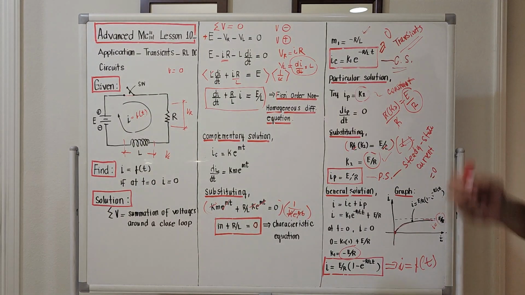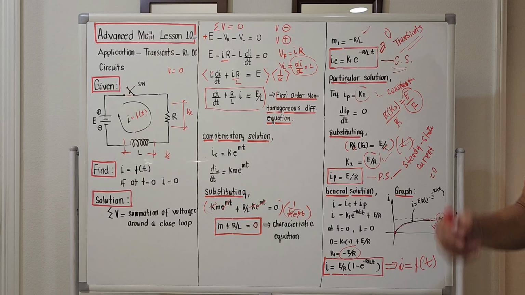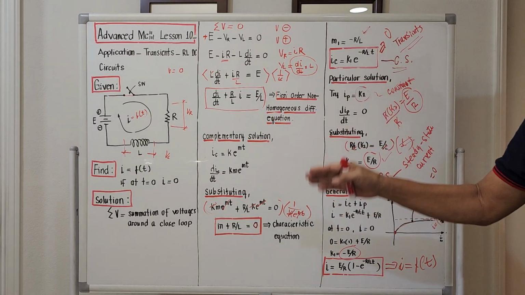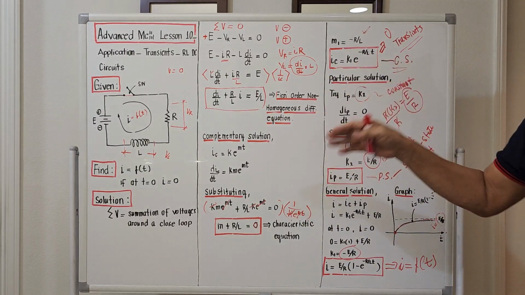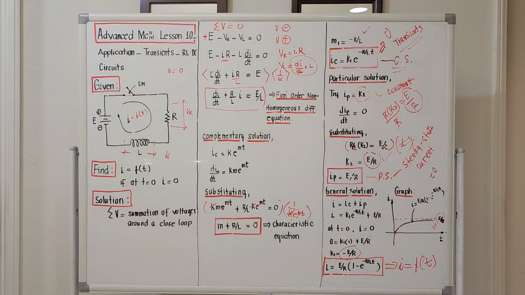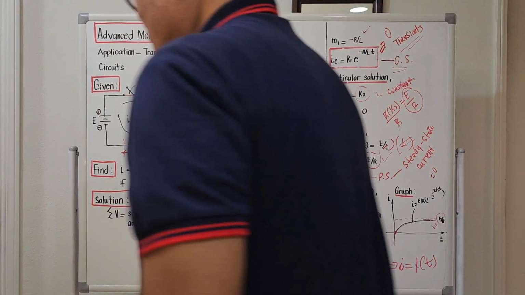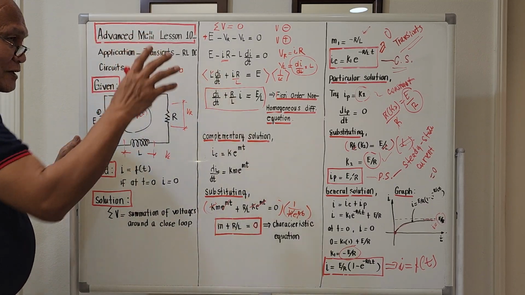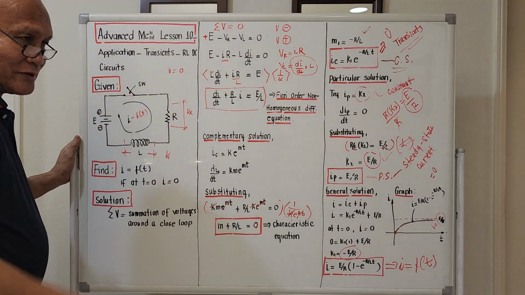Okay guys, that's the application of the so-called differential equation, which is non-homogeneous, and for tonight it is a first order non-homogeneous differential equation. That's the importance of advanced mathematics under the lesson non-homogeneous differential equation.